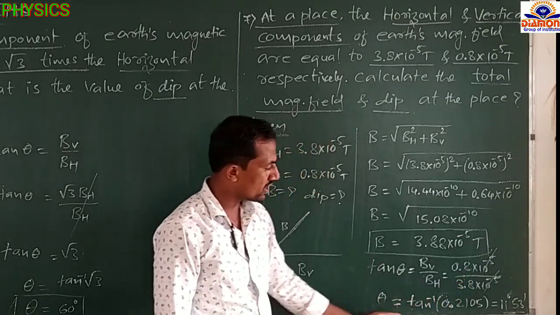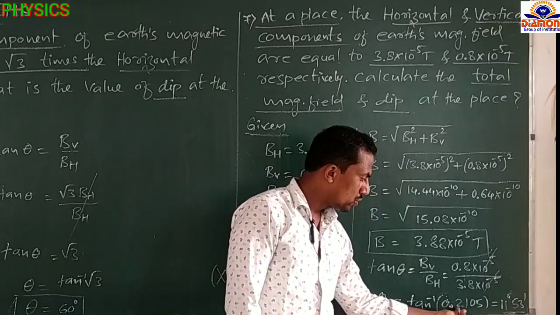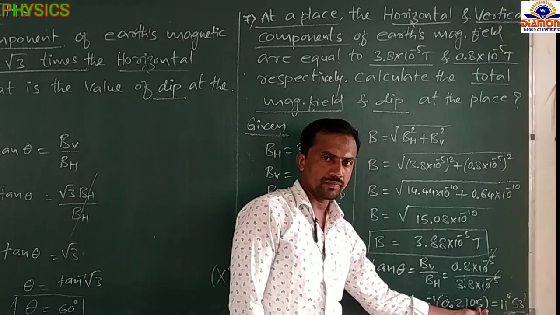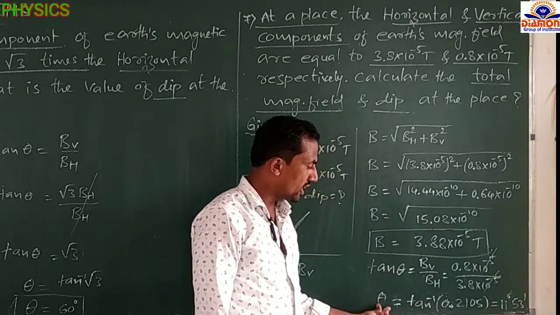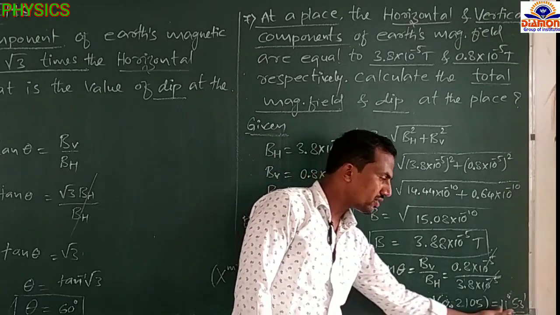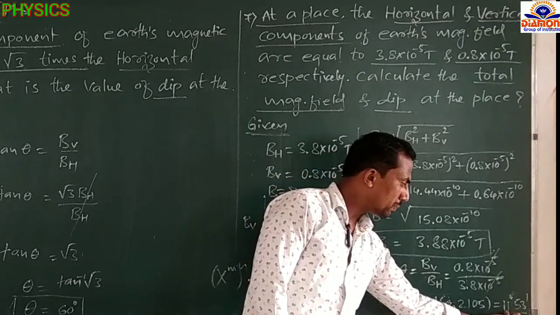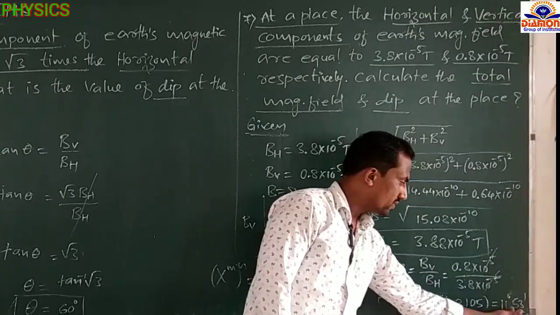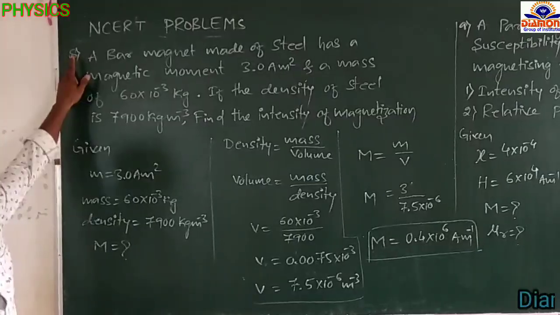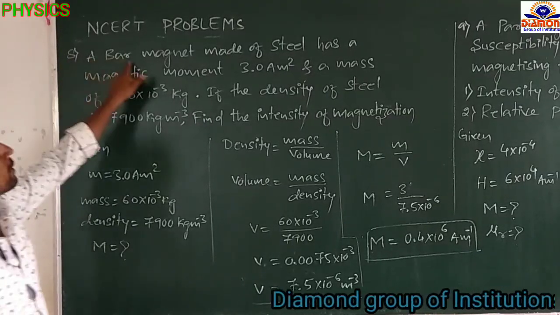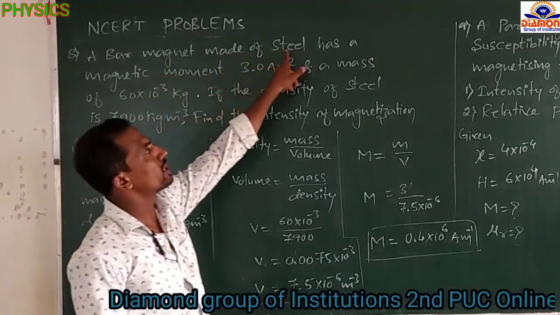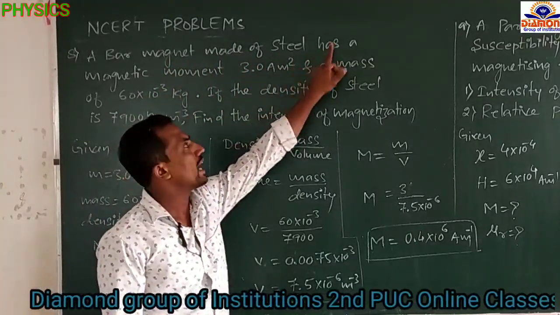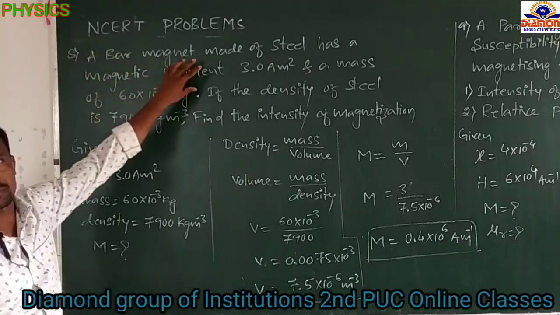Dividing, our answer is 0.2105, which is tan theta. Tan inverse of this value gives theta equals 11 degrees 53 minutes.